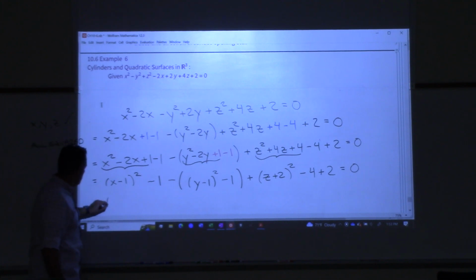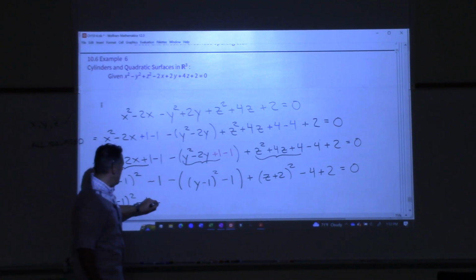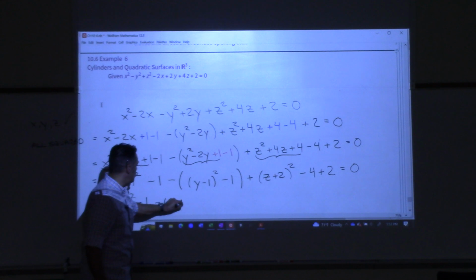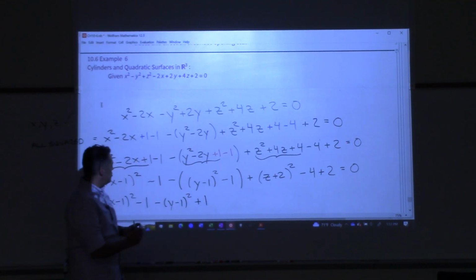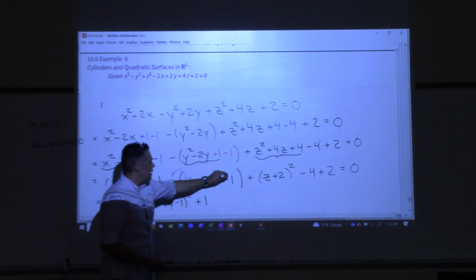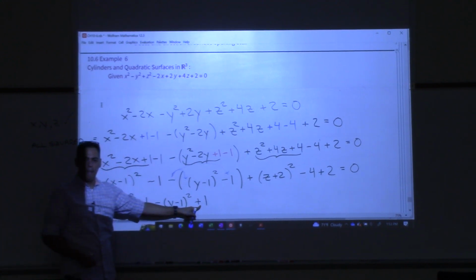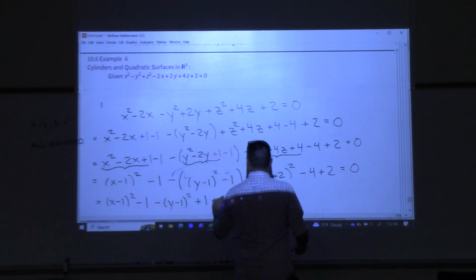x minus 1 squared minus 1 minus the quantity y minus 1 squared plus 1. So there, all I did was distribute the negative and threw it in front of this, which made that, and then put that negative in here and got the plus 1. And then I just continue writing everything, and I'm almost there.